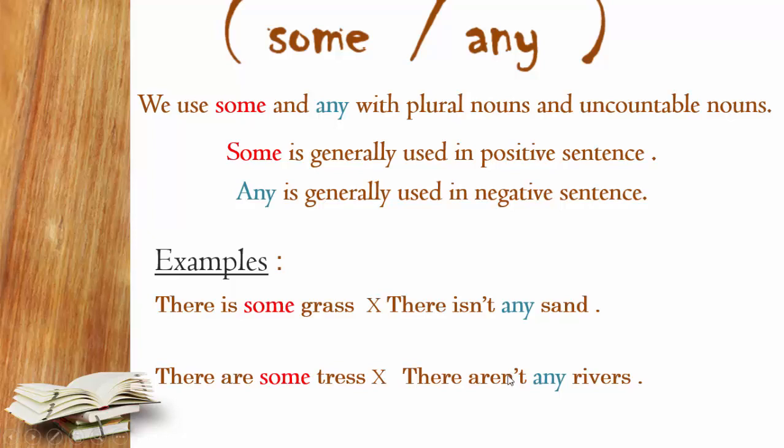When we see the negative form, we have to use any. There aren't any rivers. We use any in a negative sentence with uncountable nouns or plural nouns. Here we have the plural noun rivers and the uncountable noun sand. So again, the difference between some and any: we use some in positive sentences and any in negative sentences.